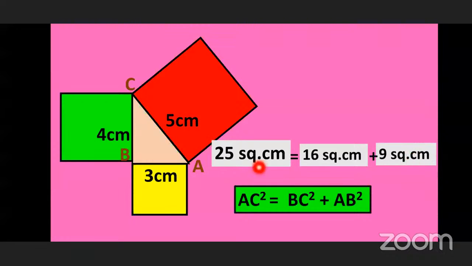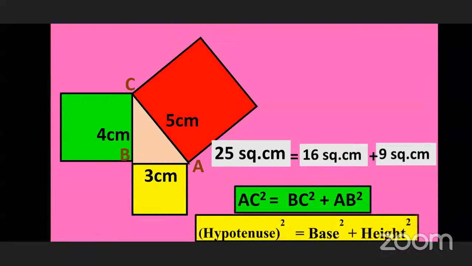These are nothing but the sides, children. AC is the hypotenuse, BC is one side, and AB is the other side. Therefore, the formula derived is hypotenuse square equals base square plus height square. I hope everybody has understood the relationship between hypotenuse and base and height.